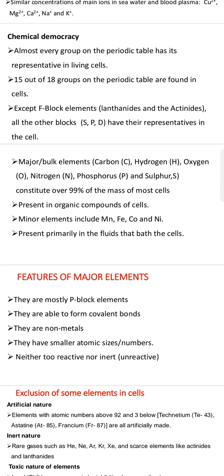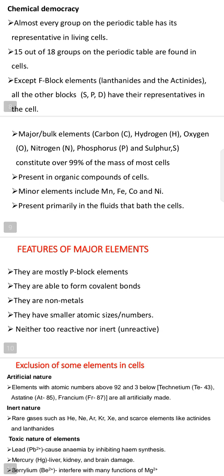15 out of the 18 groups on the periodic table are found in cells, except F block elements. So F block elements are elements which have their last valence electrons on the F orbital.